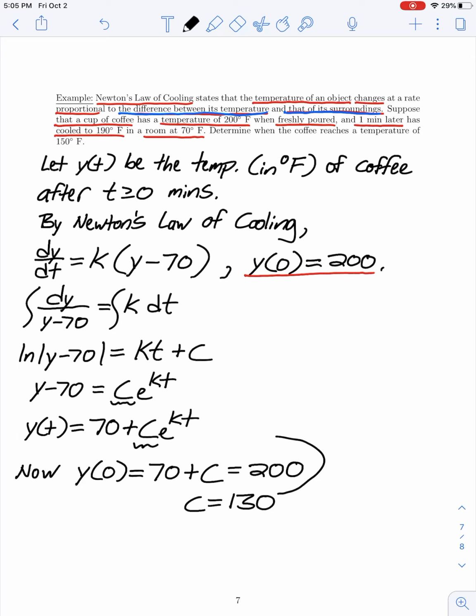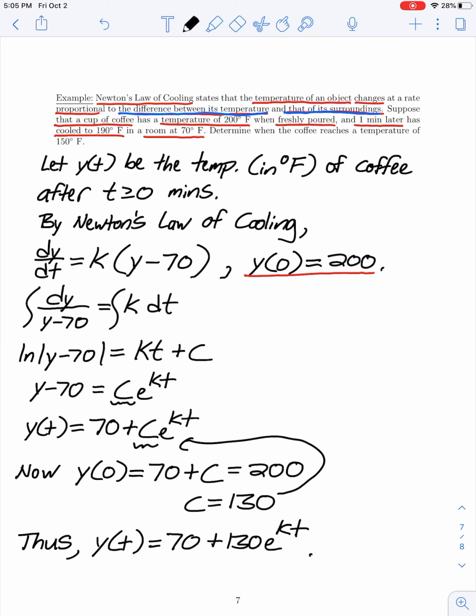And then taking that constant and substituting back into the general solution, we have the temperature at any time, y of t, would be given by 70 plus 130 e to the kt.